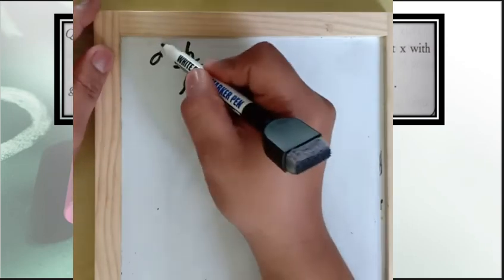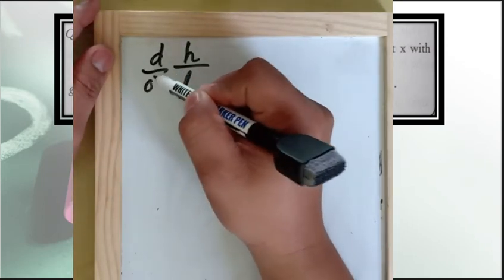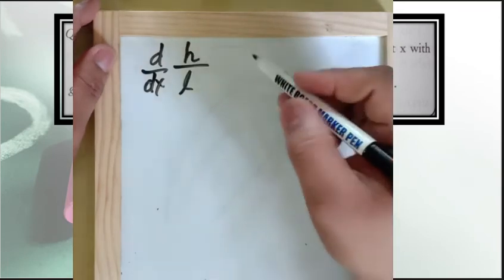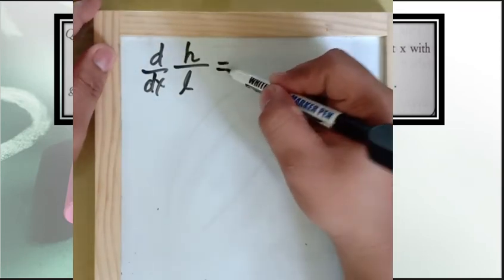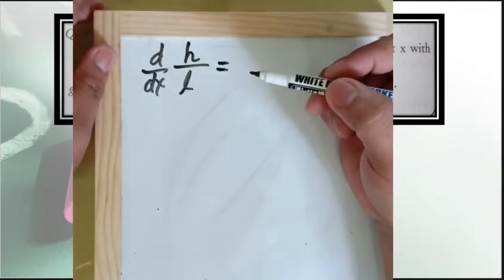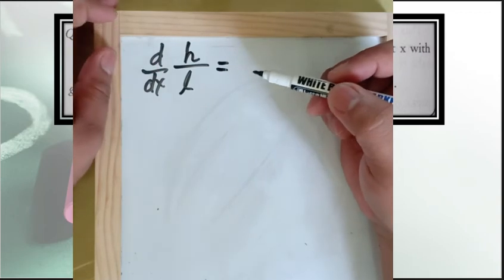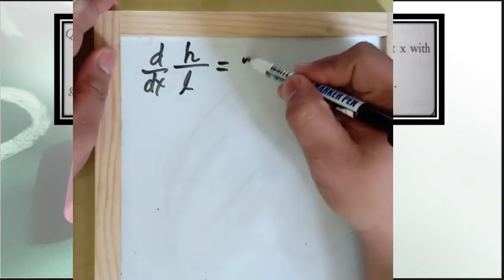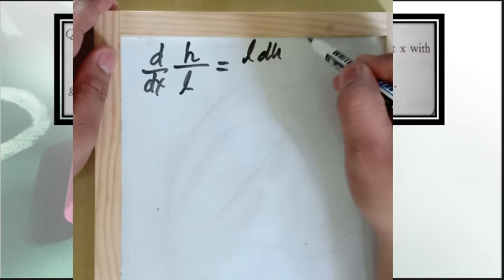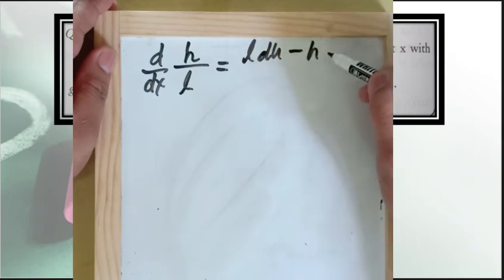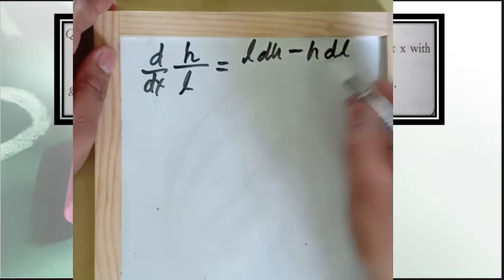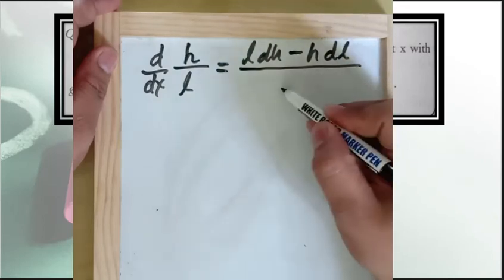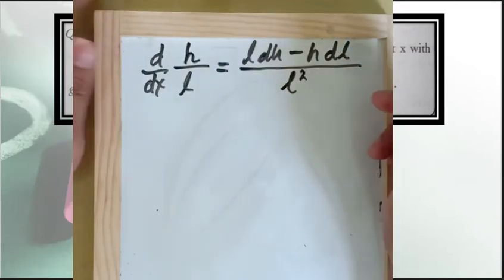So, if we try to get the derivative of this, d over dx of your h over L, the rule says it's low derivative of high minus high derivative of low divided by low squared.